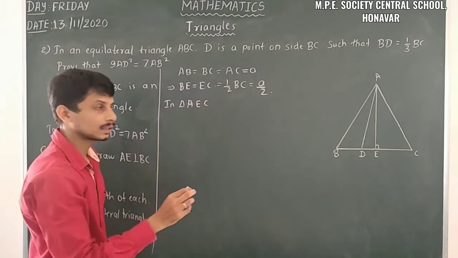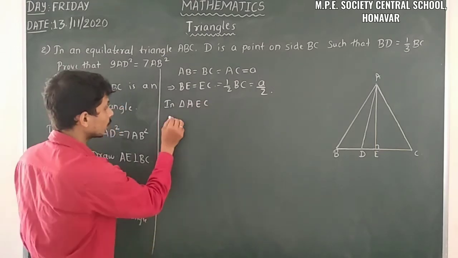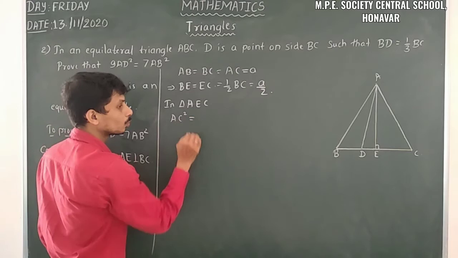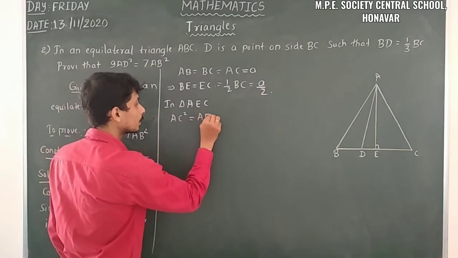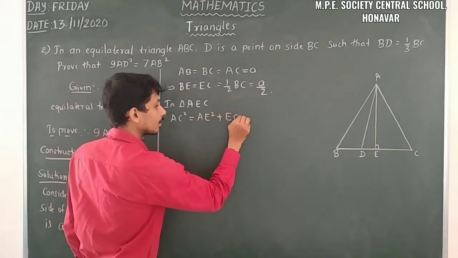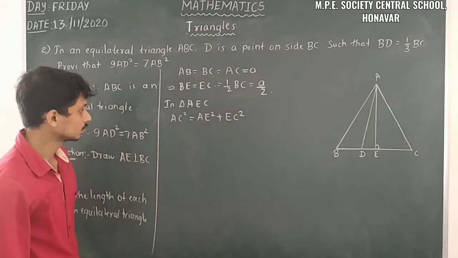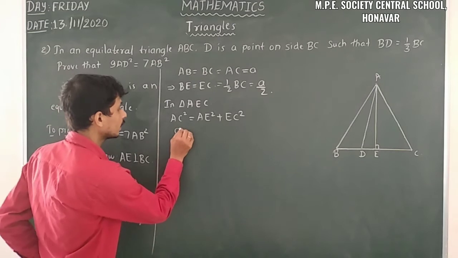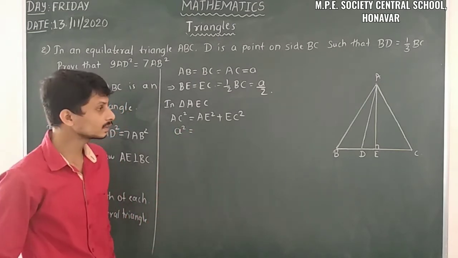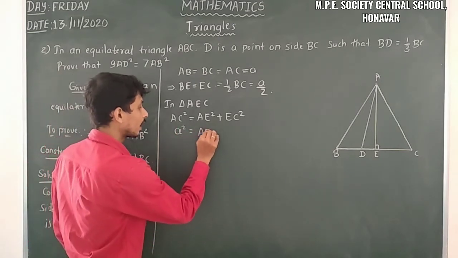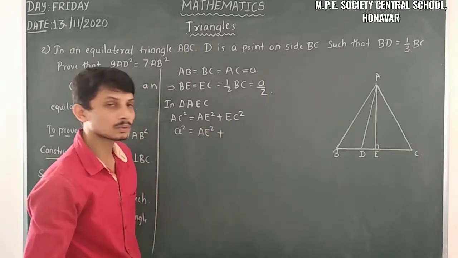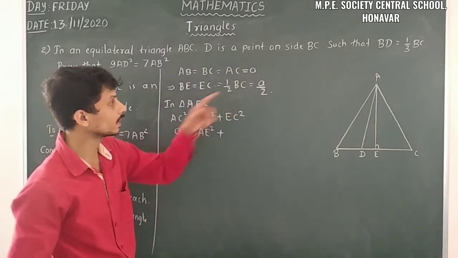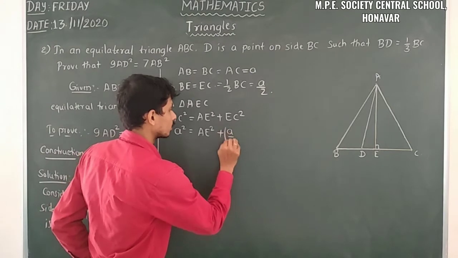AEC, apply the Pythagoras theorem here, that is AC square is equal to AE square plus EC square. Yes, so AC is equal to A, so A square is equal to AE square, we have to calculate, plus EC square. EC is equal to, we already got, A by 2 whole square.